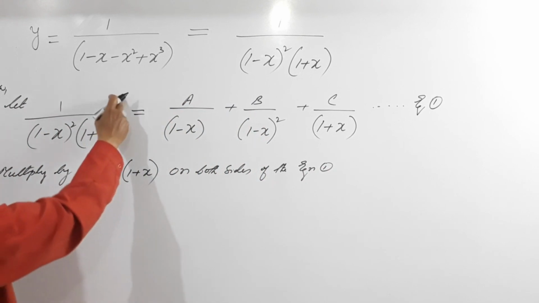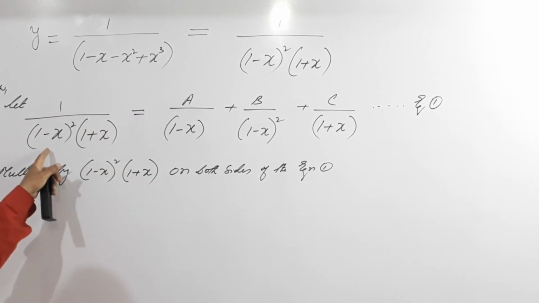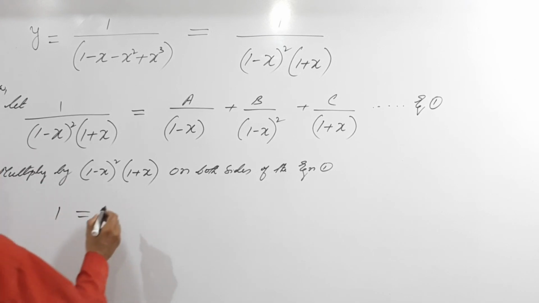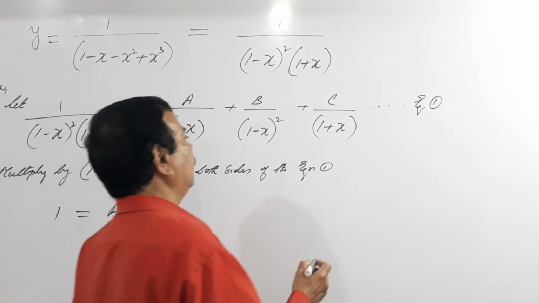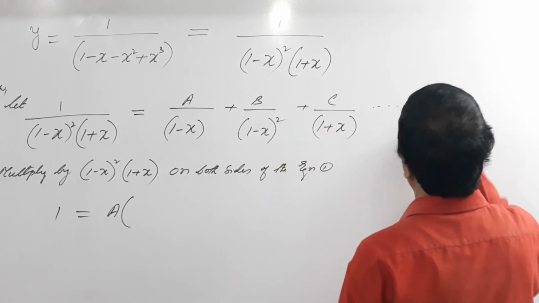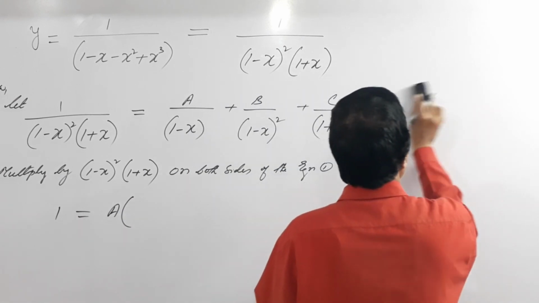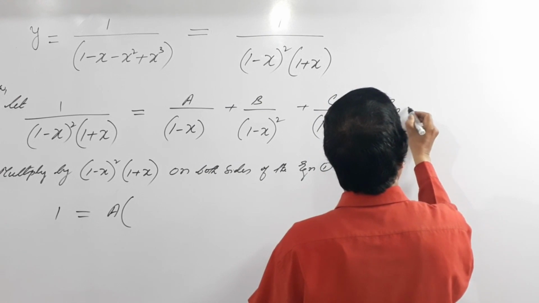What happens here? Once you multiply this, both will get cancelled on the left hand side. So this becomes 1 equals to a into, you are multiplying this with what? This is only for reference purpose. I am taking this because I don't want you to get confused. This is our equation 1.